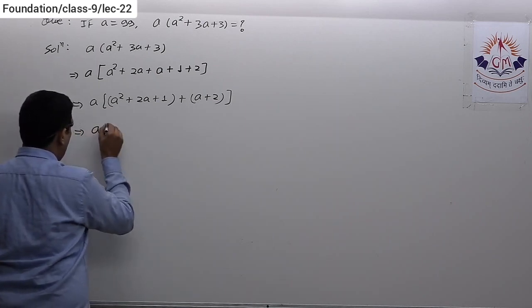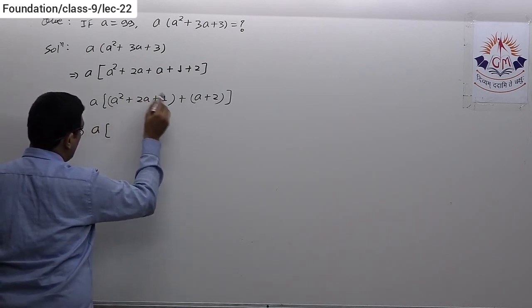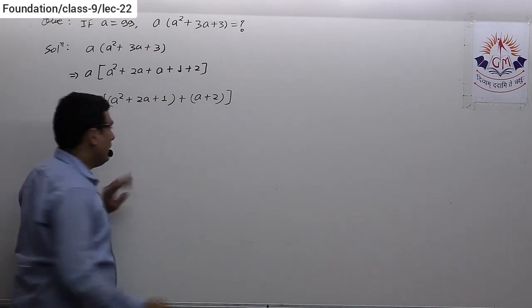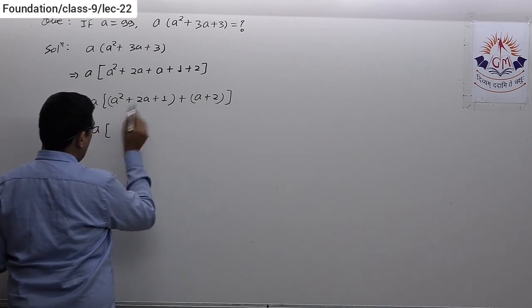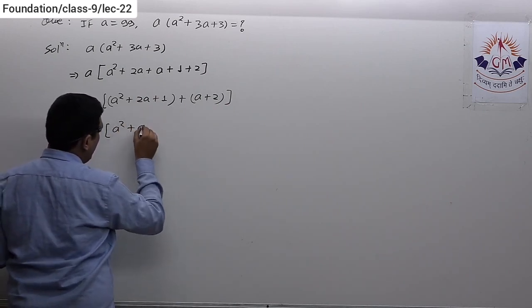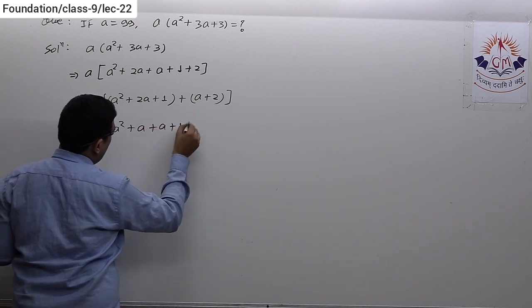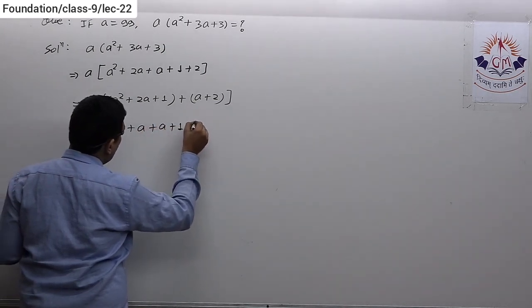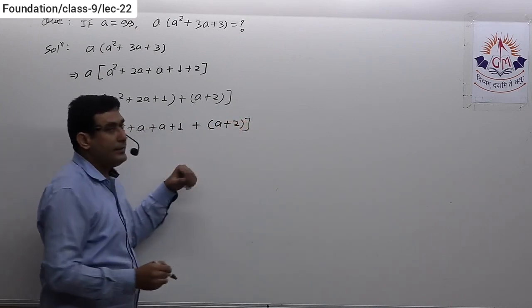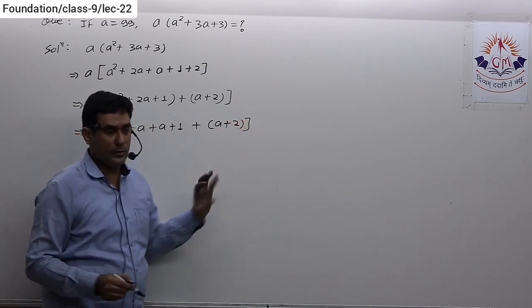Now over here A square plus 2A plus 1. I know this is A plus 1 whole square, but if I want to actually find how, I have to split the middle term. So I write A square plus A plus A plus 1 plus A plus 2. First I will simplify, then I will put the value of A all together.